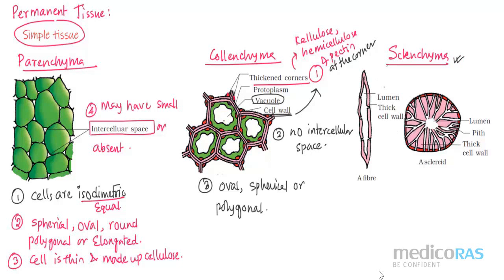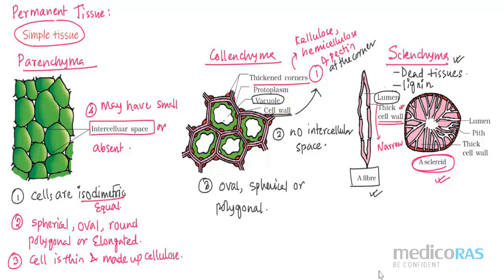Under sclerenchyma, as you can see here, we have two concepts. One is known as fiber and the other one is known as sclereid. The concept of sclerenchyma is that these are dead tissues or dead cells, due to deposition of lignin. Its lumen is very narrow and the cell wall is very thick.